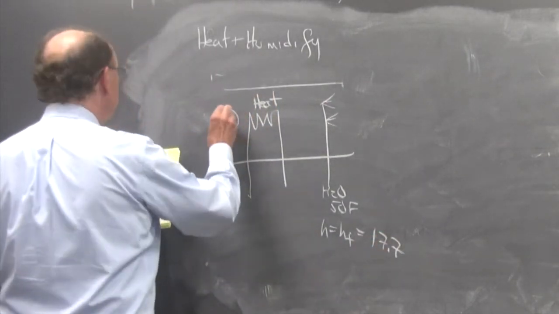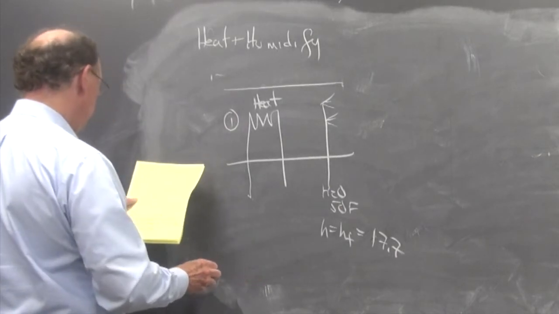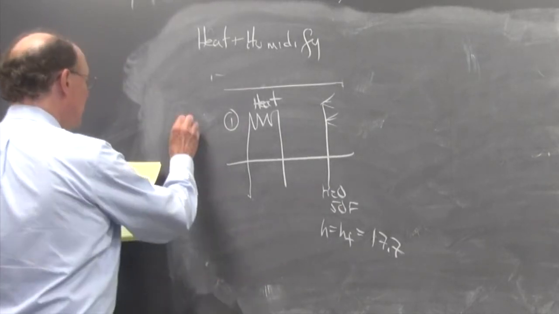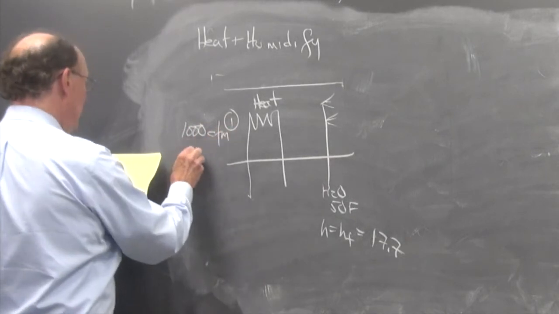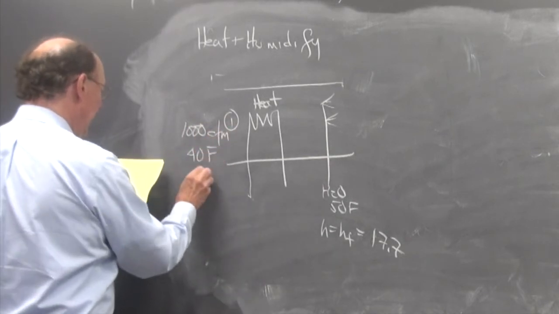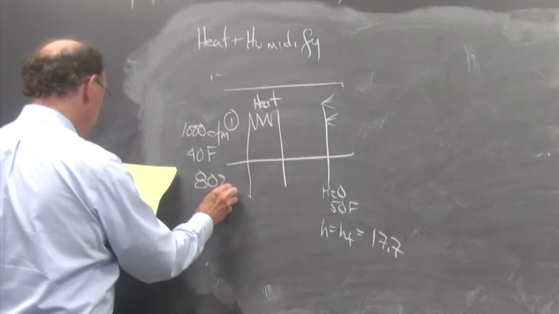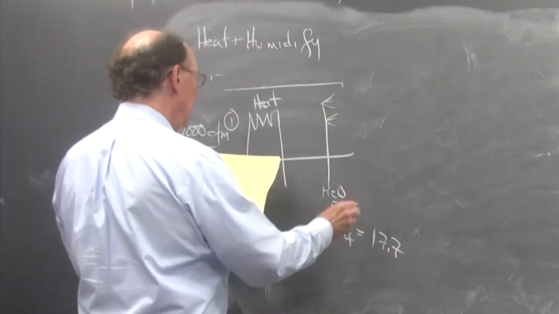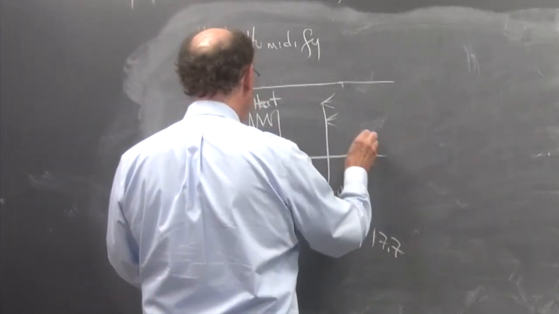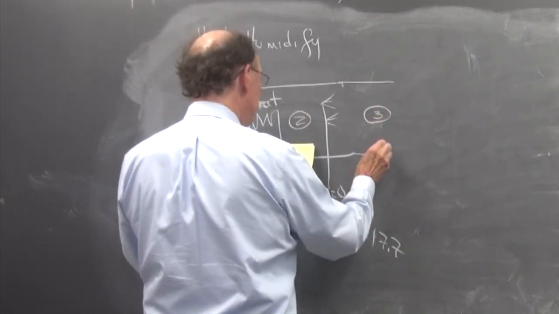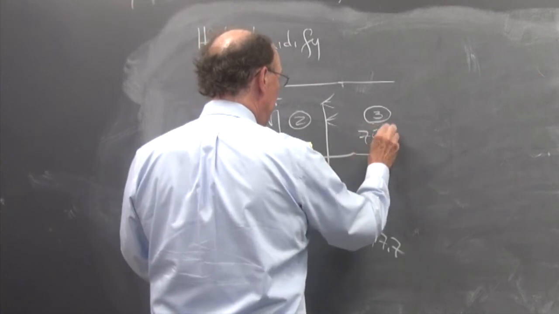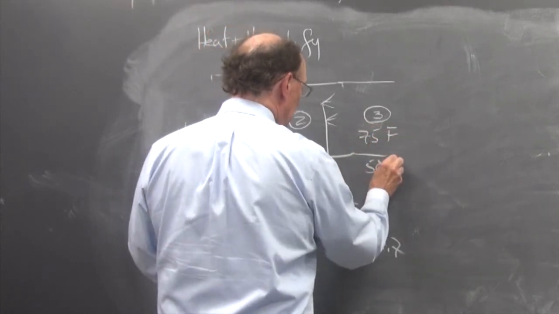And at state 1, we'll have 1,000 CFM, 40 degrees Fahrenheit, 80%. Then in state 3, we're going to have 75 degrees Fahrenheit and 50%.